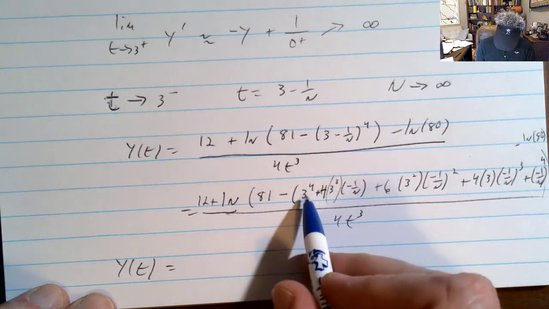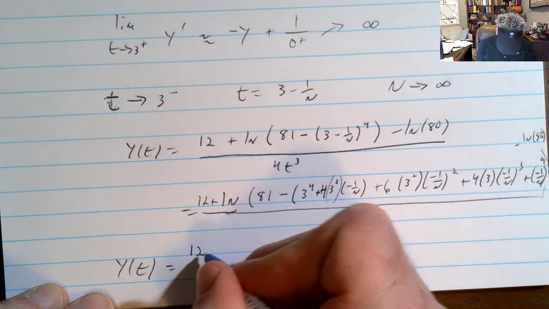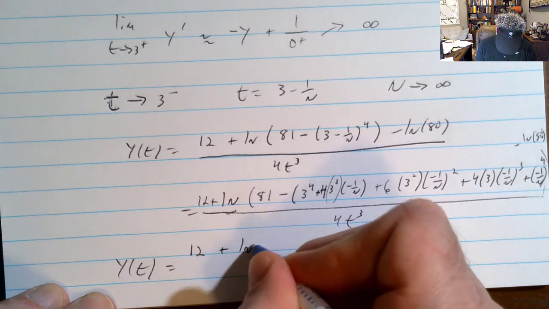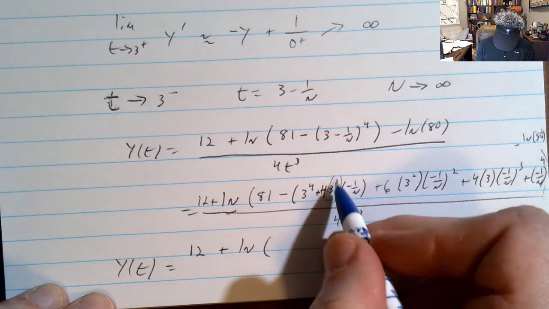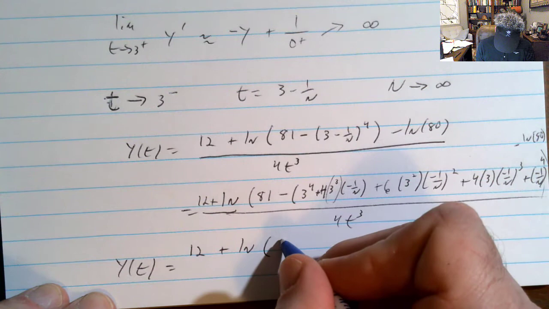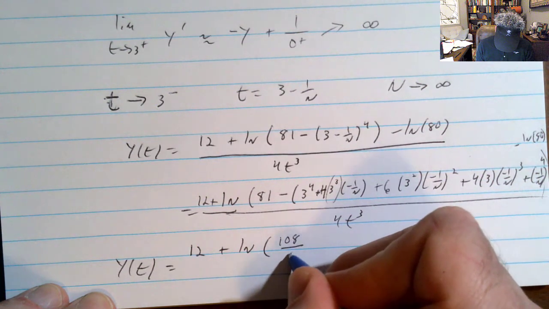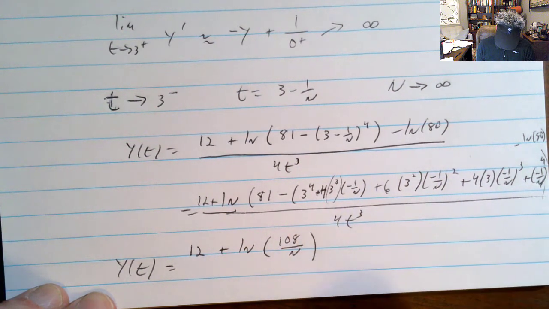So let's see what I have. So this will be 81. They're going to cancel. So I guess I'll keep this first then. 12 plus log. Then if I distribute, that's 27 times 4, that'll be 108 minus 108 over n. And I think I'll just drop the other terms at this point.